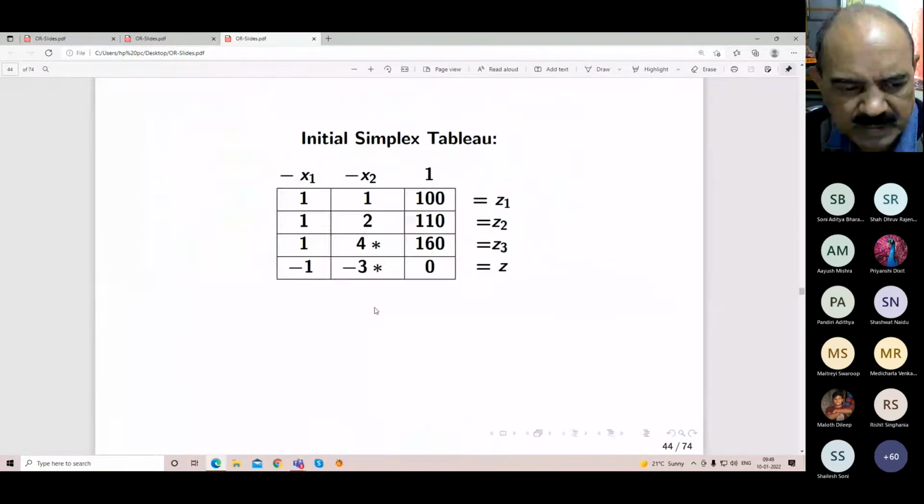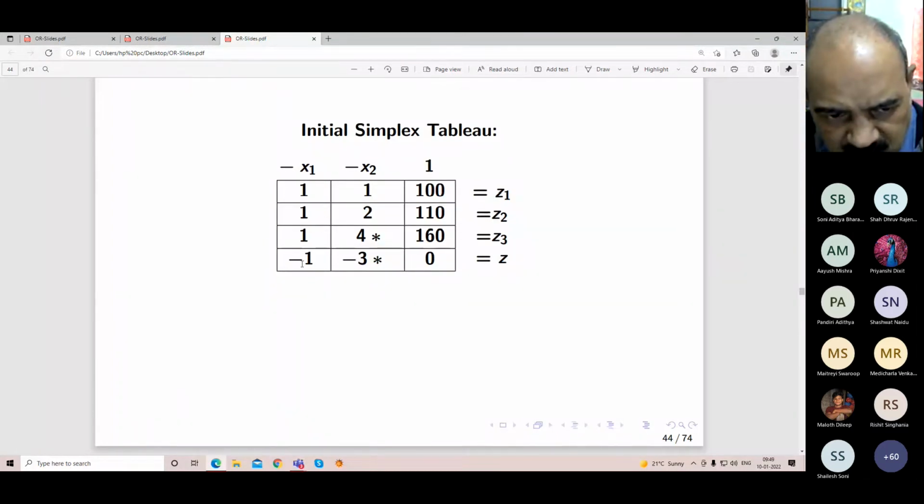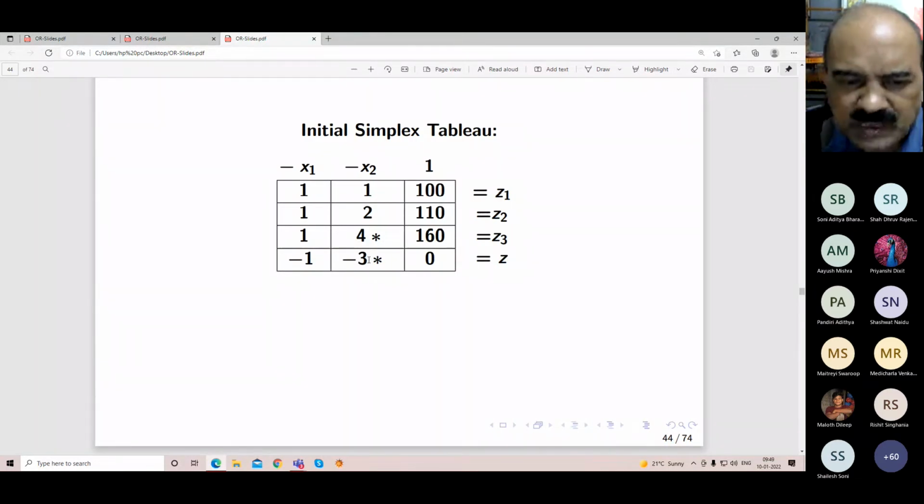Okay, I am just explaining here. This is the table. Now with respect to -1 and -3, the most negative is -3. So the second column is selected. Once you have selected the second column, we find the ratios.